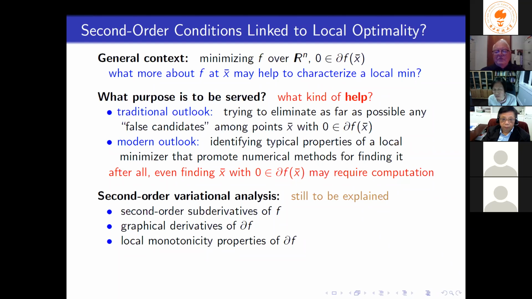In fact, that book does not really say much about normal cones. The normal cones are the subgradients of the indicator functions. And as I say, the constraint qualifications are expressed by non-separation conditions instead of by normal vectors.